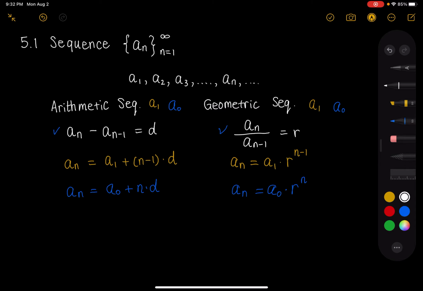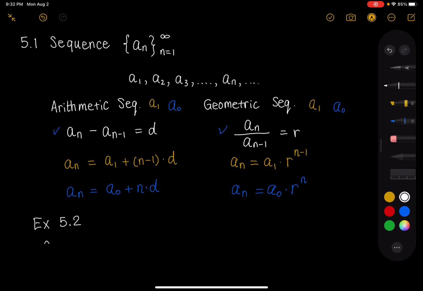There are many other sequences that don't have a closed algebraic expression, which we will study later in some examples. But for now, we can take a look at example 5.2 from the textbook.